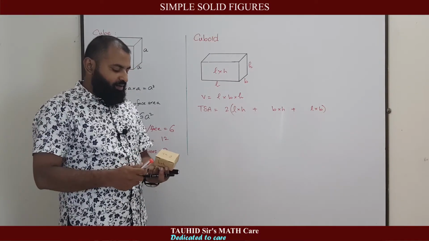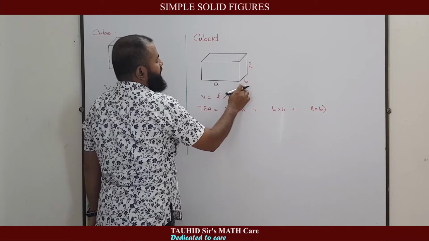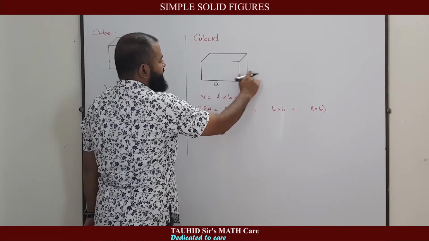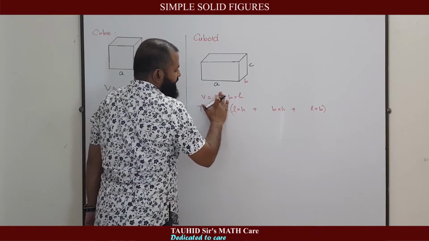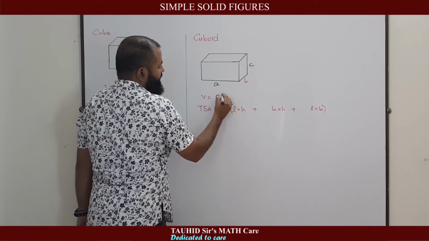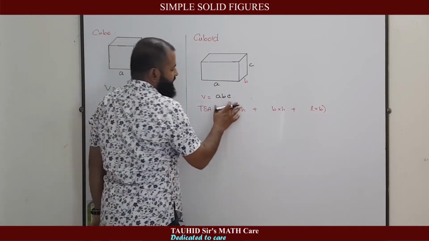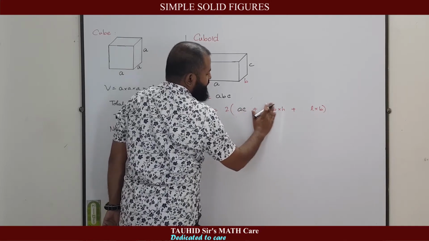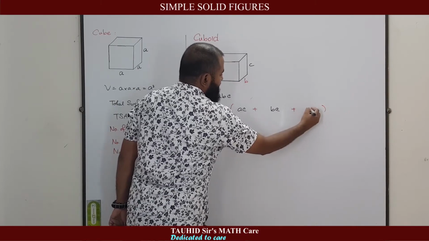For easy understanding, let us call the length A, the breadth B, and the height C. The volume will be ABC, length into breadth into height. And what will be the total surface area? AC plus BC plus AB.